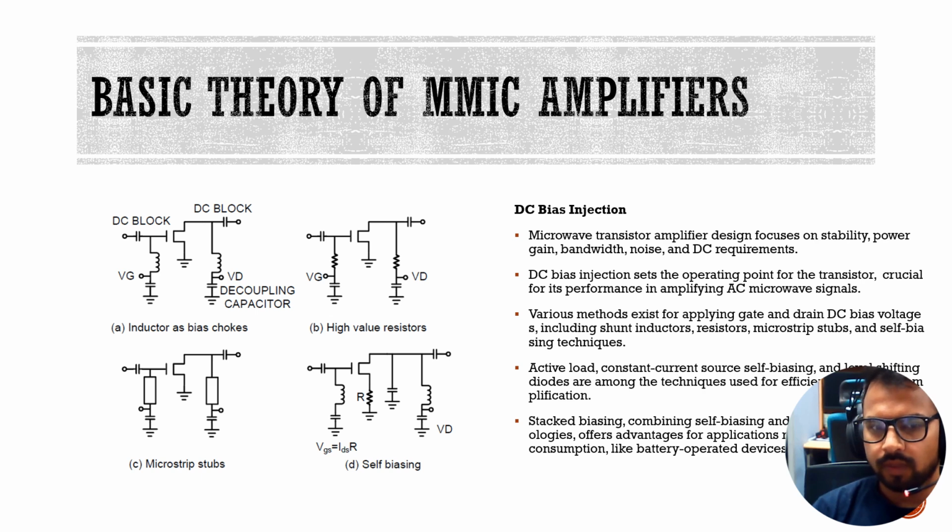Moving forward, we have microwave transistor amplifiers focusing on scalability and power. DC bias injection sets the operating point for the transistor, crucial for its performance in amplifying AC signals. There are various methods of applying gate and drain bias voltage, including choke inductor and resistor, microstrip stubs, self-biasing techniques, active load, constant current source biasing, and level-shifting diodes, among the techniques used for efficient amplification.